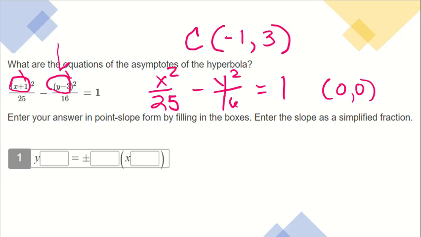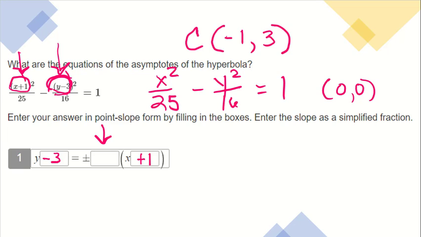But this center is at -1, 3. So we need to write it this way. y minus 3 is equal to plus or minus, we need to find the slope, and we'll put that here, positive or negative, whatever that slope is, and then x plus 1 here.